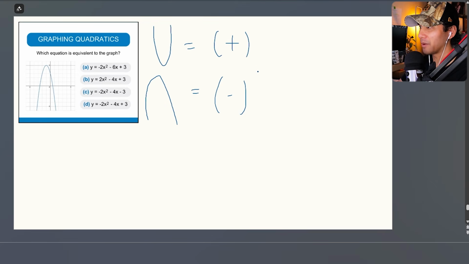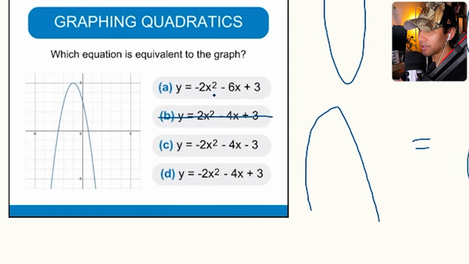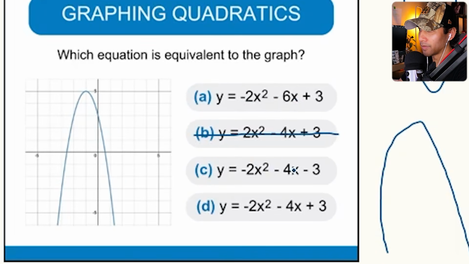So, from the answer choices here, we know that this is negative and it's not positive, so we can go ahead and get rid of this. Yay! Hooray! Now, the next thing we're going to do is find the y-intercept when x equals 0. If we put 0 in each term, it's just going to make each term 0 except for this number here.